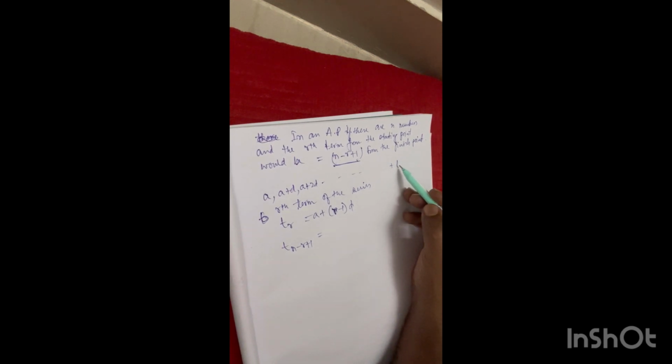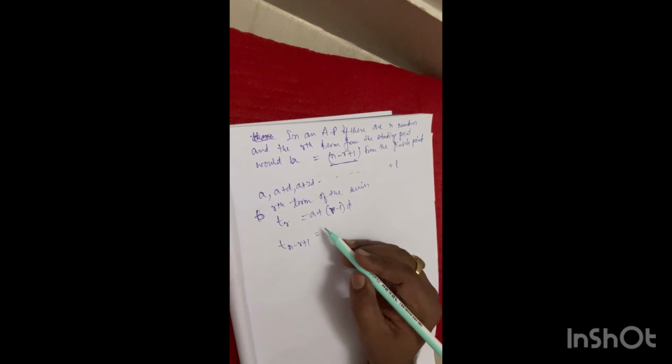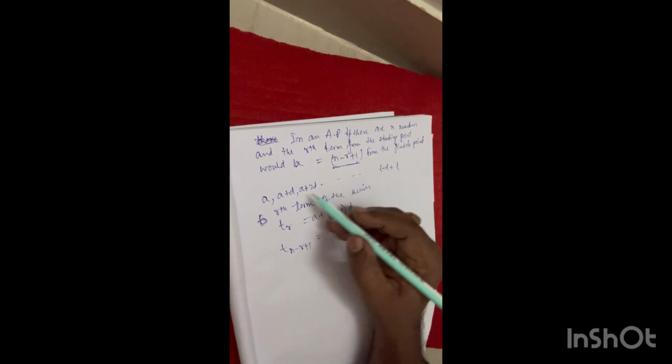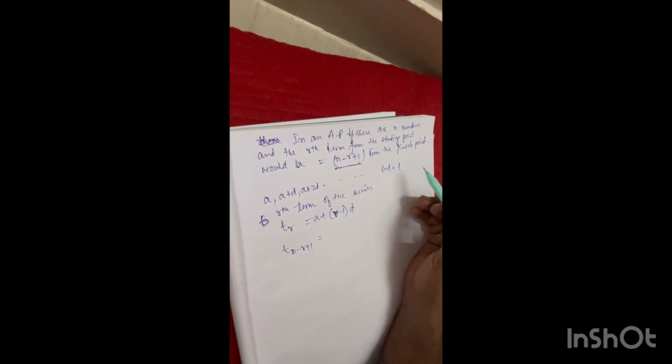If I consider the term from the back end, the change that will happen is my first term would be L, and the previous term will be L minus d, because here d is increasing in every progressive term.